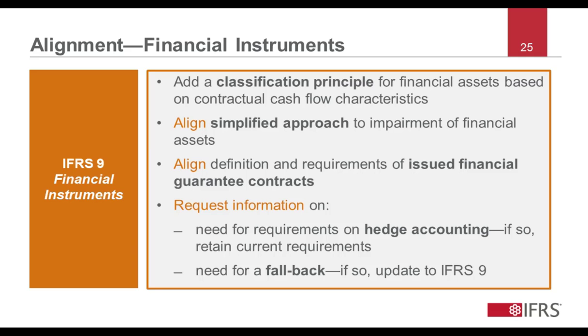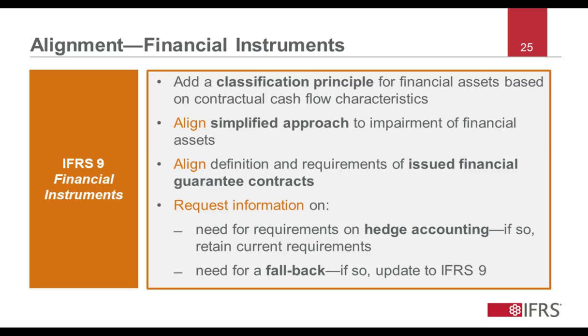For classification and measurement, the IFRS for SME standard at the moment uses a list of examples to support how to classify instruments. And what we felt was actually IFRS 9 has a model, has principles for the classification. So what we could do is we could add a principle to the standard, but we would add that principle under the examples.